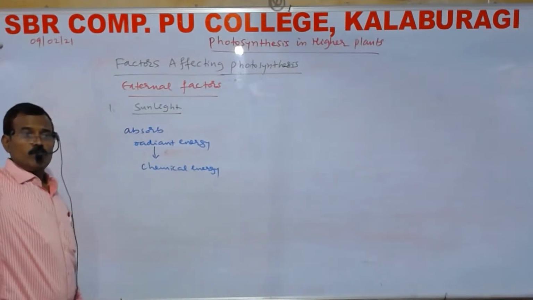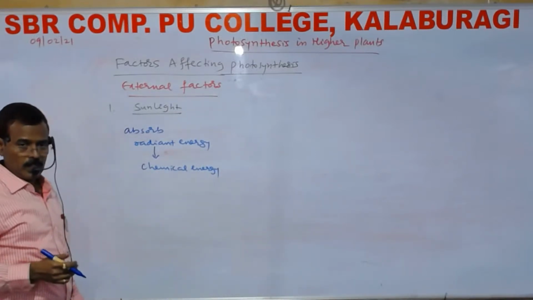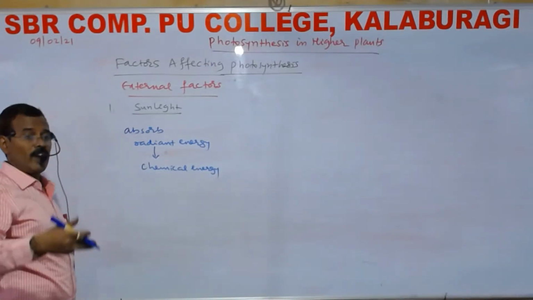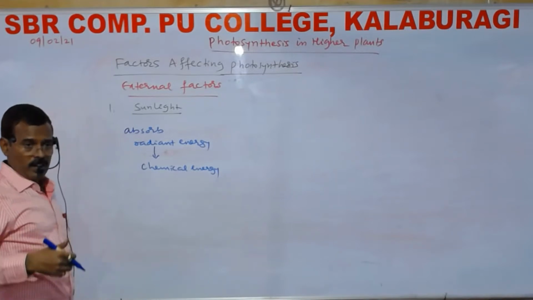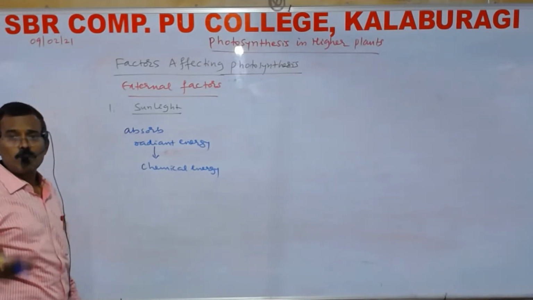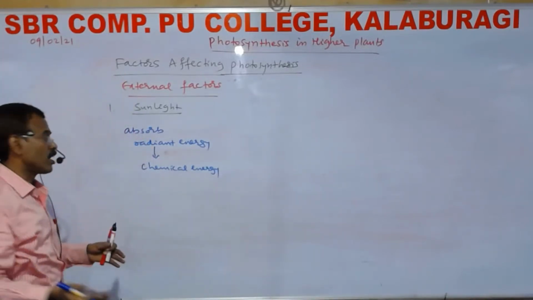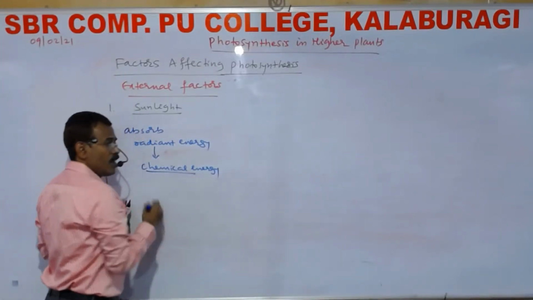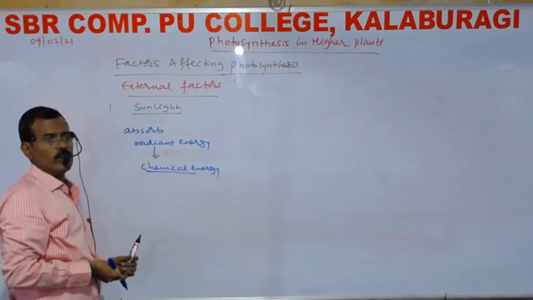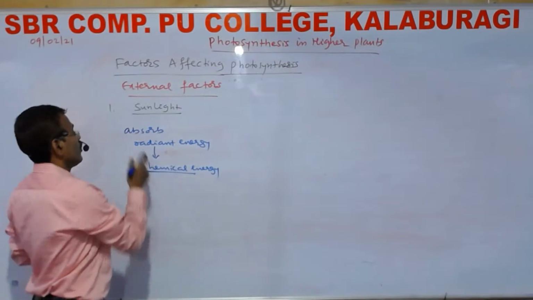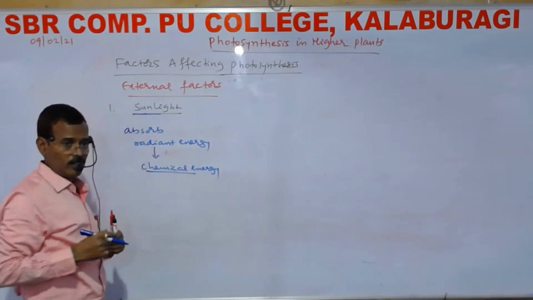So solar energy is the main source of energy. All the producers, on land and in aquatic habitats, because of the presence of pigments in them, are capable of absorbing radiant energy and converting it into chemical energy, which is stored as reserve food material. That's why sunlight is very, very important.